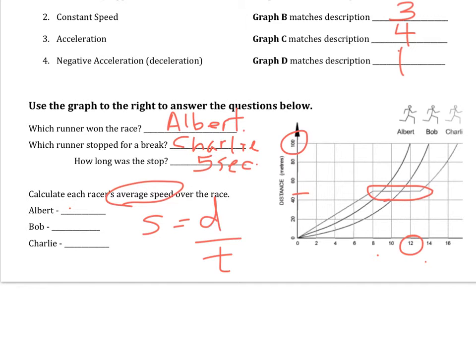I'm running out of space here, and I'm sure you guys figured this out. For Bob, we would do 100 meters divided by 14. And for Charlie, we would do 100 meters divided by about 16.5, I guess. Then you would see that Albert's speed would be the highest.